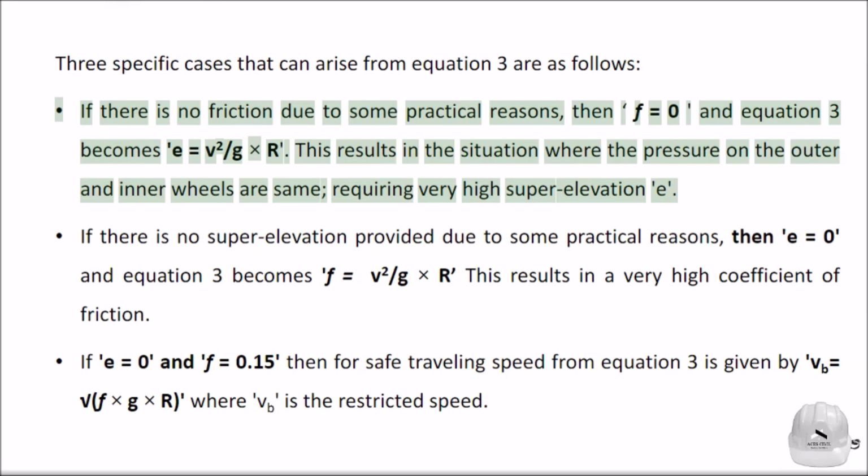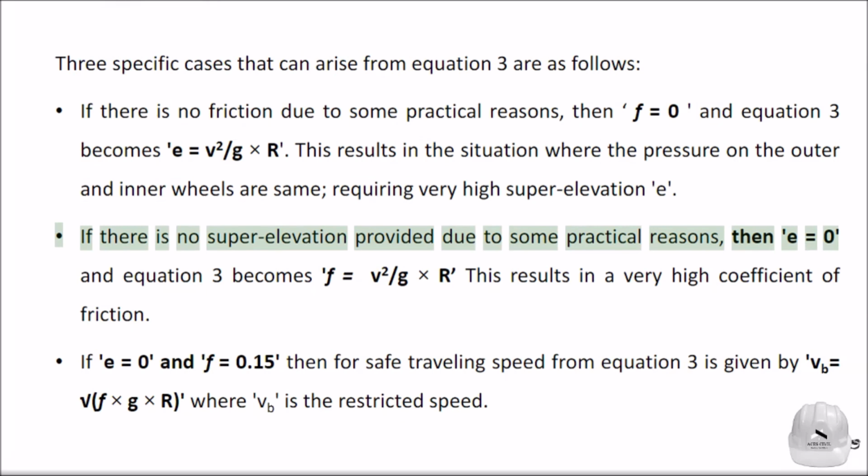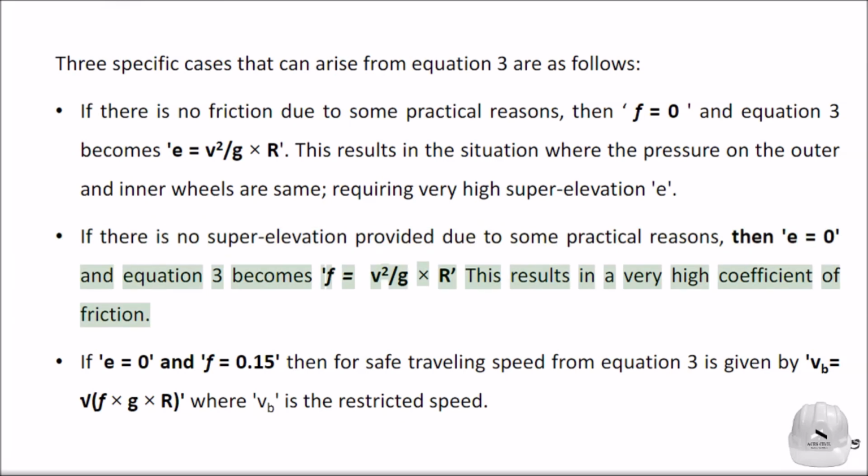This results in the situation where the pressure on the outer and inner wheels are the same, requiring very high superelevation e. If there is no superelevation provided due to some practical reasons, then e equals 0, and equation 3 becomes f equals v²/(g times R). This results in a very high coefficient of friction.